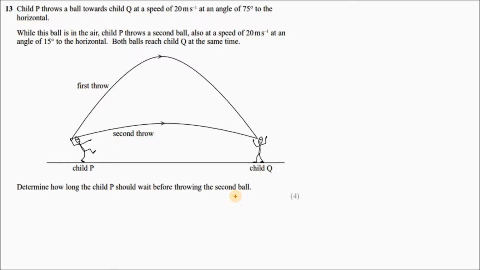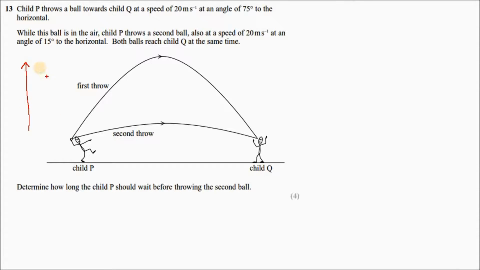We have different approaches to find the time difference. One is, because both balls are covering the same distance, we can use S equals UT, write the distance in terms of T1 and T2, because this is the same, and then compare. But the best option other than the horizontal one is to use the vertical motion.